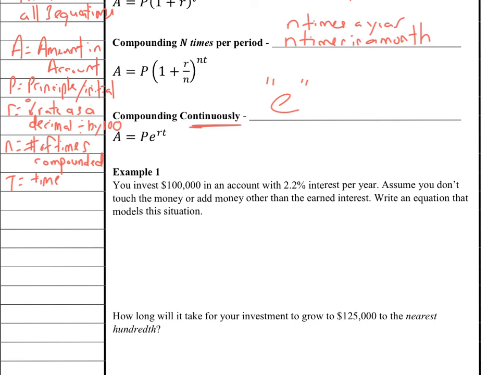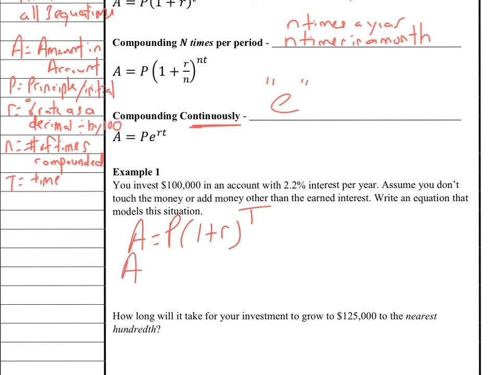This is our once per period type of question. We are just dumping that money in. It is only adding it 1 time per year. It's 2.2% interest per year. It's not saying it's doing it multiple times per year, just the once. So we're going to pick the very first equation: A equals P, the principal amount, times (1 plus the rate) to the power t.